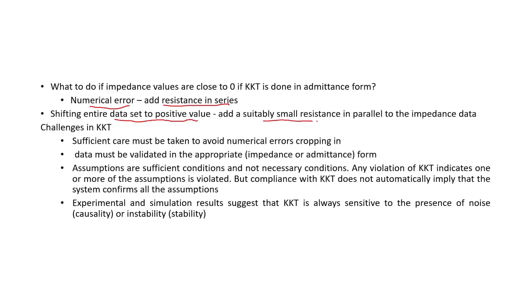By adding a small resistance in parallel to the impedance data. Then I can verify that data in the impedance form itself. I am shifting the data into the positive value, then doing the KKT on those values in the impedance form.